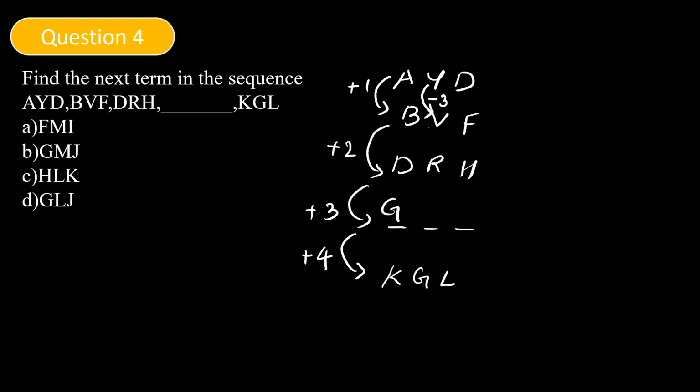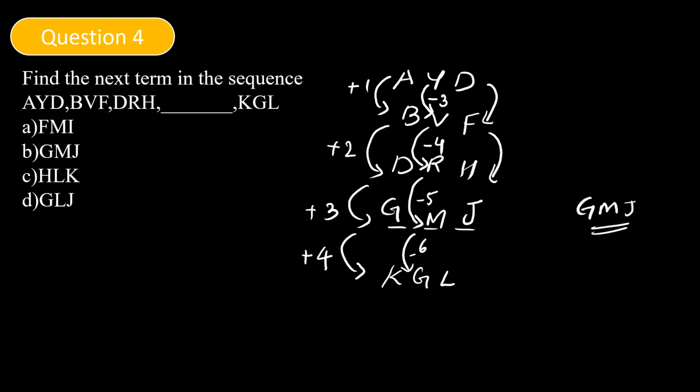Next will be minus 4. Here it will be minus 5. Here it is minus 6. So this is M. Now the third letters are D, F, H, that is alternate terms. D, F, H, next alternate is J. So G, M, J. So this is option B.